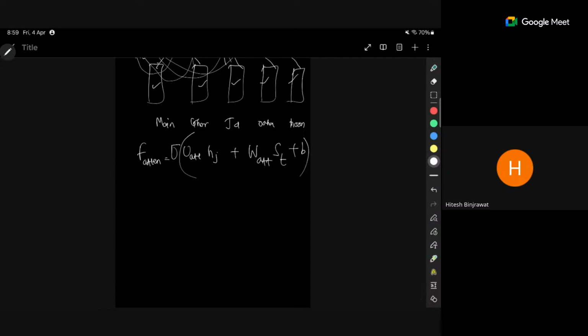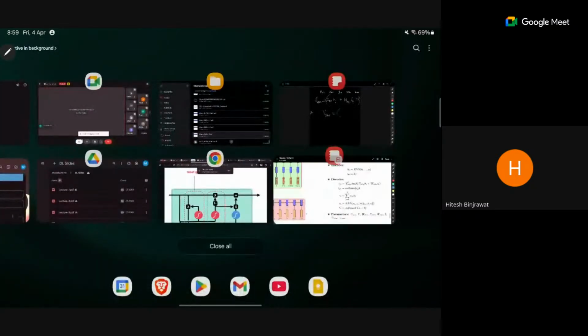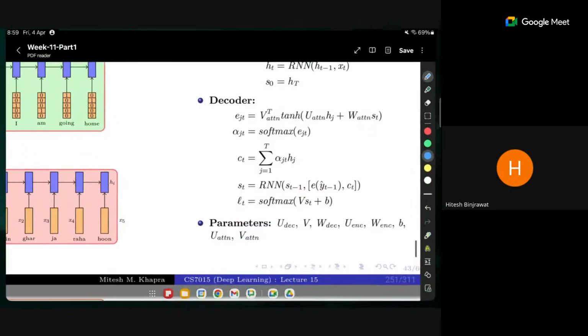Then you apply a sigmoid over that. Whatever value I got from sigmoid, I'll multiply with V attention, and that gives the attention, and the symbol used for that is EJT.